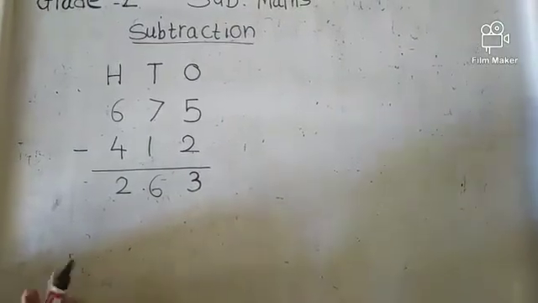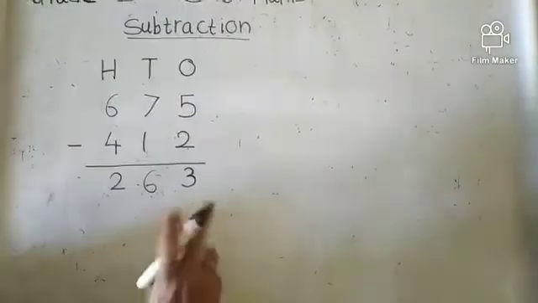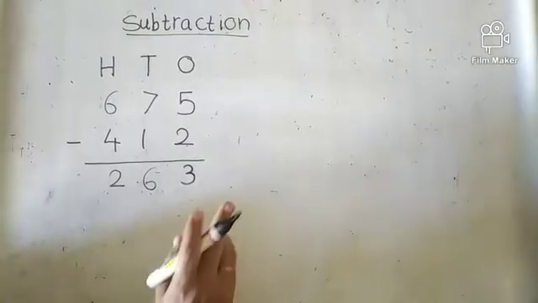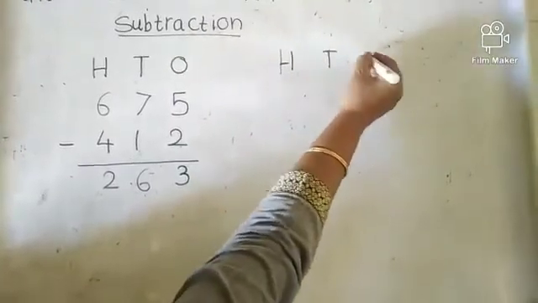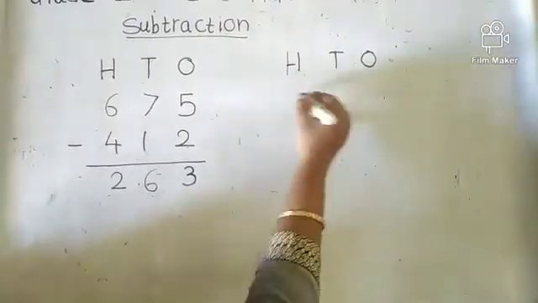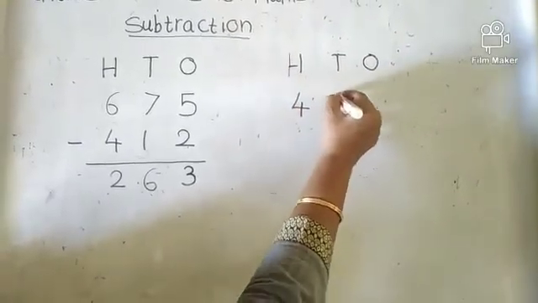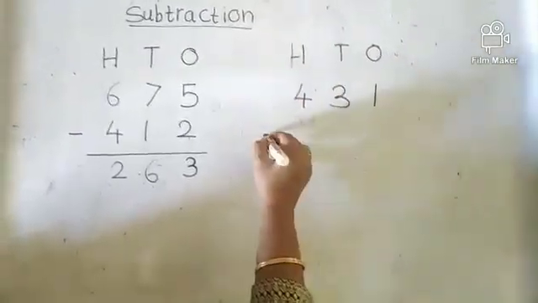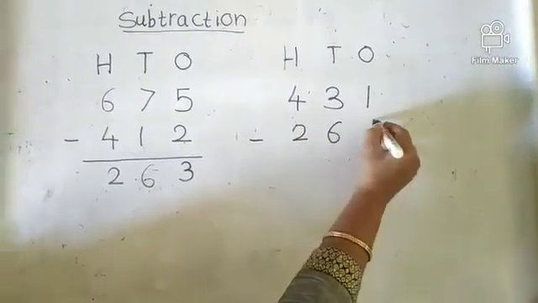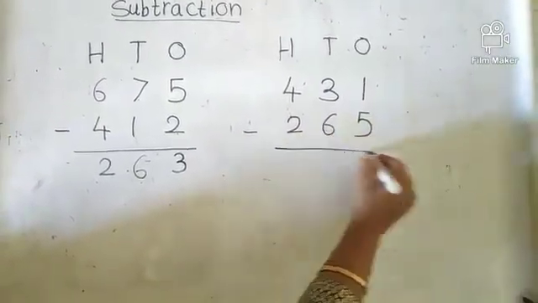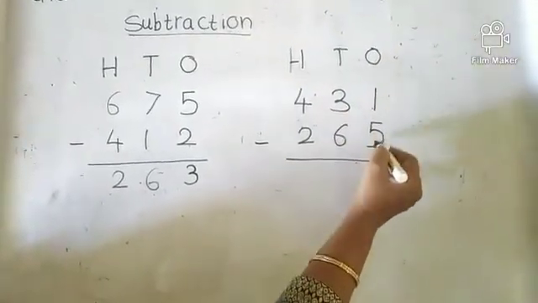Now we will take 3-digit number subtraction with 3-digit number with regrouping. Let's see here. 431 minus 265. Here in ones place, here is number 1 and 5.